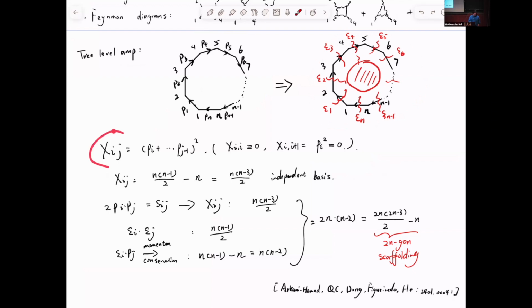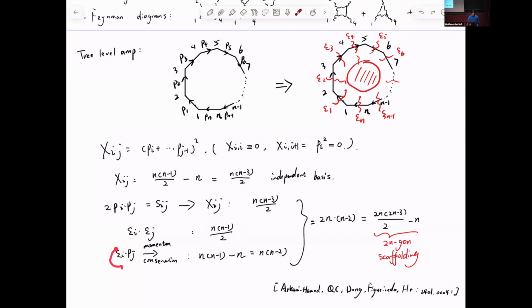We use X_ij as the kinematic invariants. Each X_ij corresponds to a chord of the n-gon, and the number of X_ij we already learned is n times (n minus 3) over 2. Here we also need more Lorentz invariants, such as epsilon_i dot epsilon_j. They are all independent, and the number is n times (n minus 1) over 2.